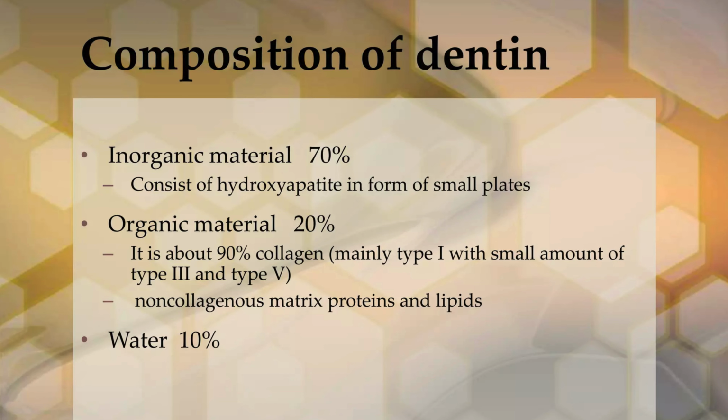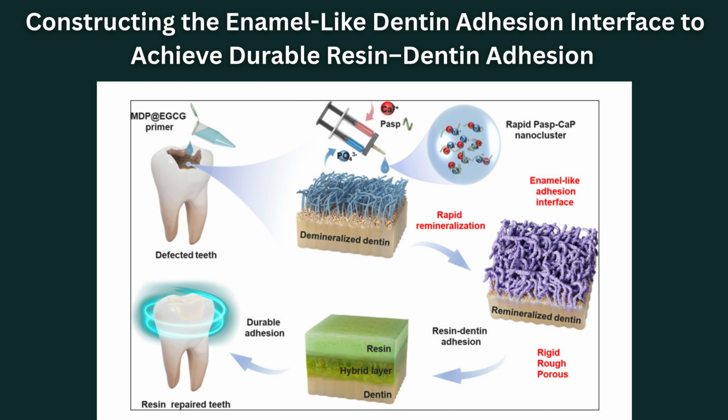Dentin is more complex, consisting of approximately 50% mineral, hydroxyapatite, approximately 30% organic matrix, mainly collagen, and approximately 20% water. The presence of dentinal tubules and moisture complicates bonding. Adhesion relies on the formation of a hybrid layer, where adhesive resin infiltrates a partially demineralized collagen network.